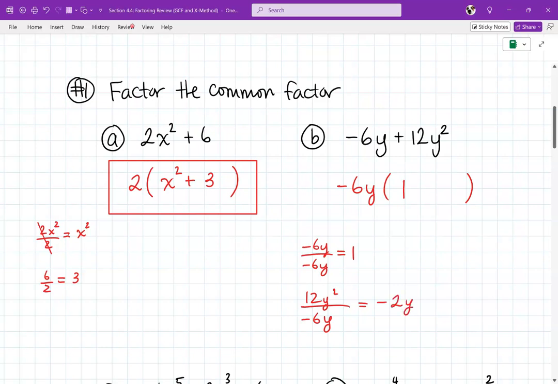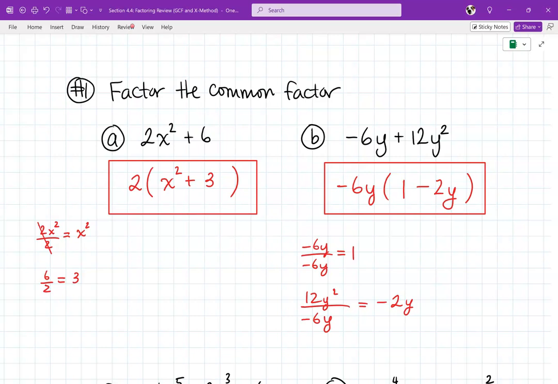Because 12 divided by 6 is 2. It is negative because there's a negative there. And then y squared divided by y, well, there's two y's on top. There's one on the bottom. So if you cancel out what they have in common, there's only one left. So negative 2y. So you're going to put that right here. And you're done.